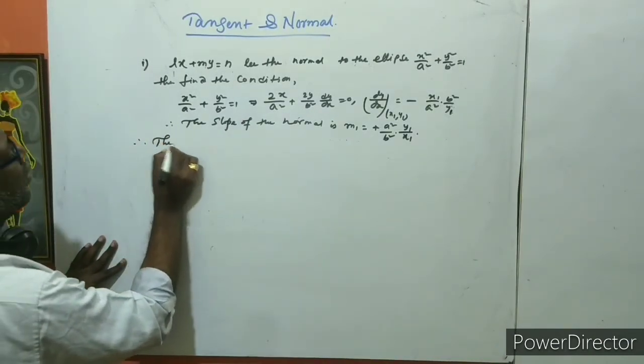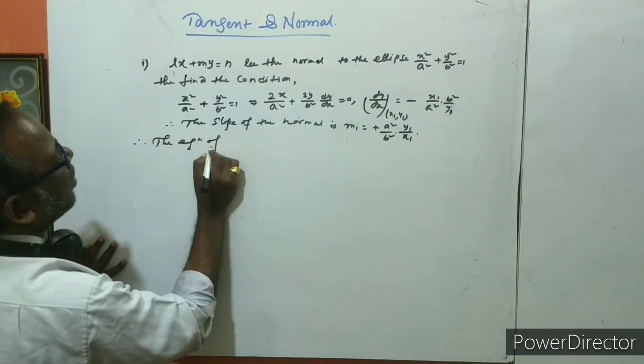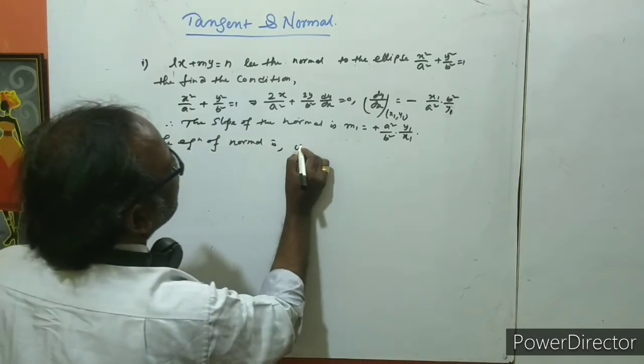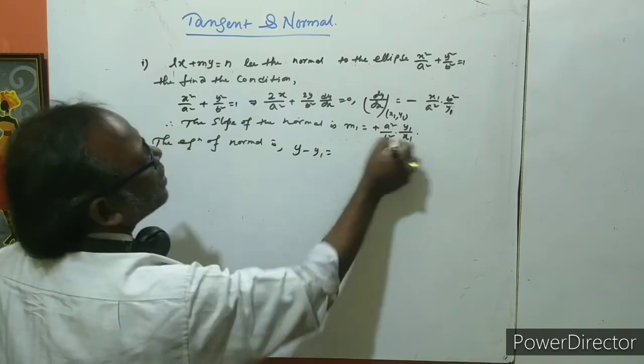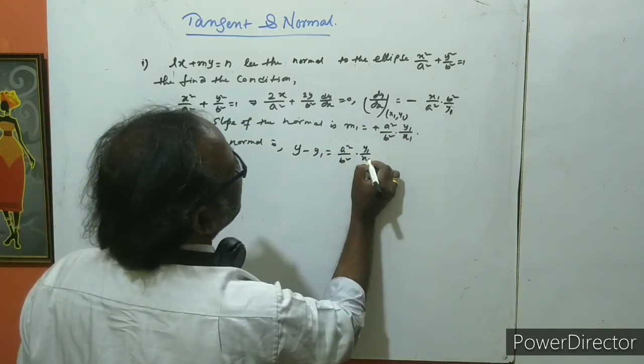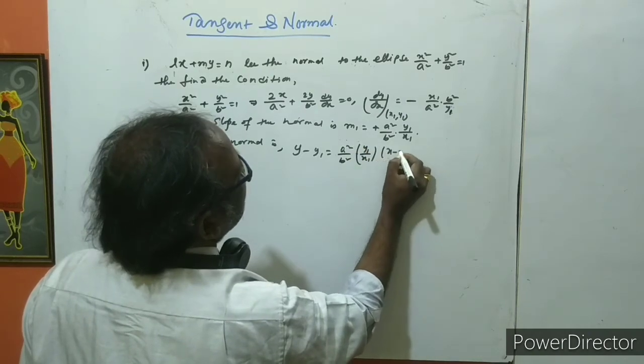Therefore the equation of normal is y minus y1 equals the slope of the normal, a square by b square, y1 by x1, into x minus x1.